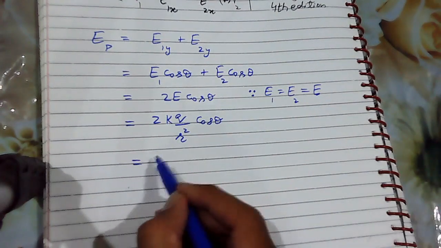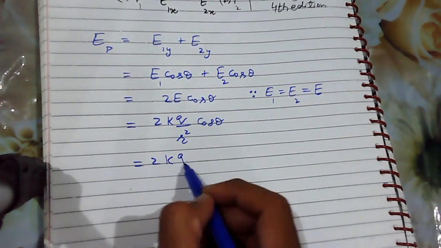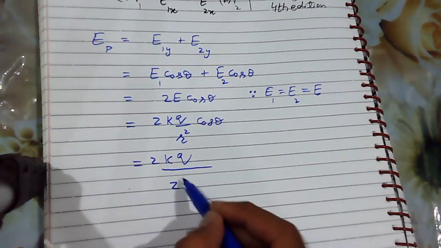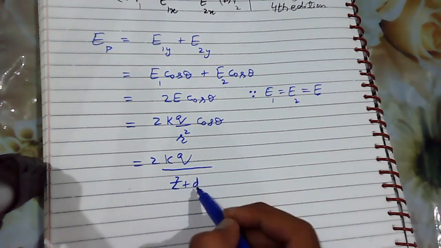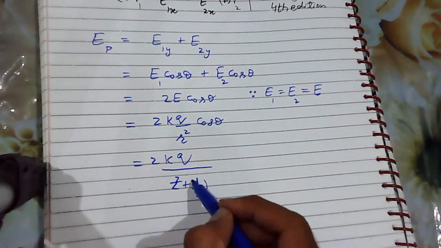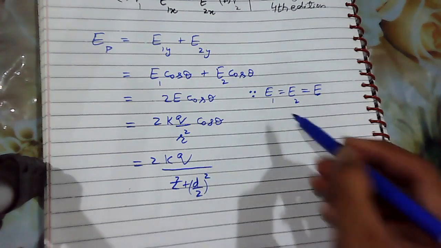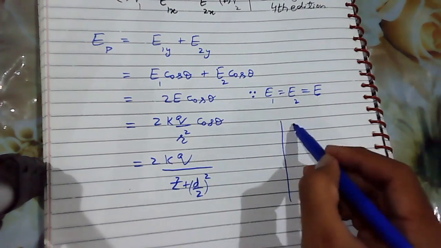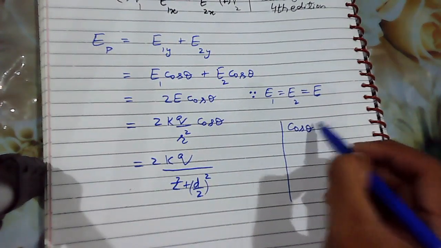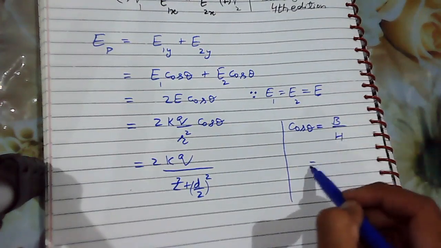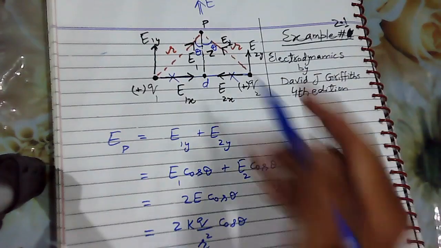That's why in the next step I can write 2kq, and I can replace r square by z square plus d by 2 square. And what is cos theta? Again, look here, cos theta by definition is base by hypotenuse. What is the base in this case?